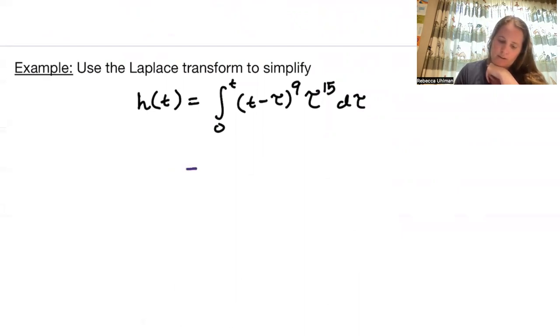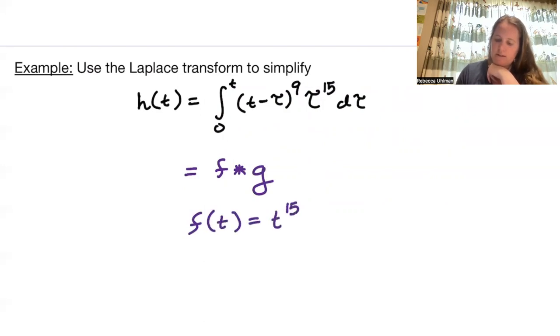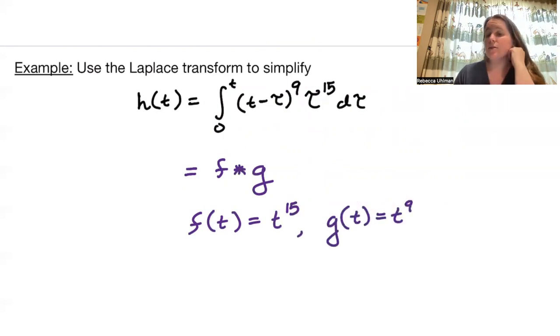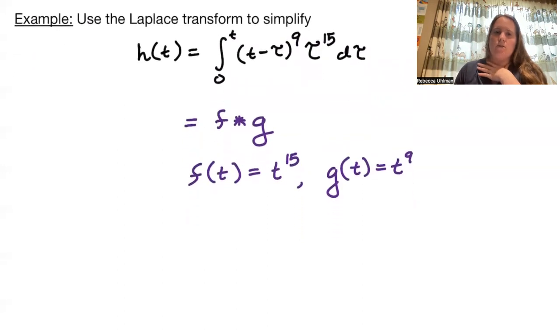Note this is equal to the convolution of f and g, where f of t is t to the 15th and g of t is t to the 9th. Again, g of t minus tau would therefore be t minus tau to the 9th. So we can go ahead and take the Laplace transform.